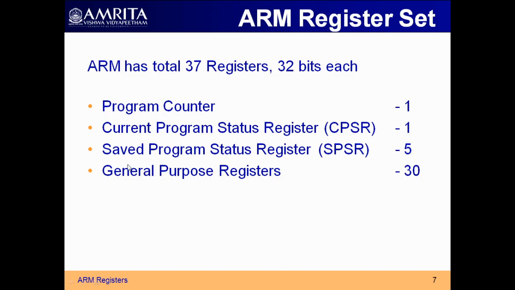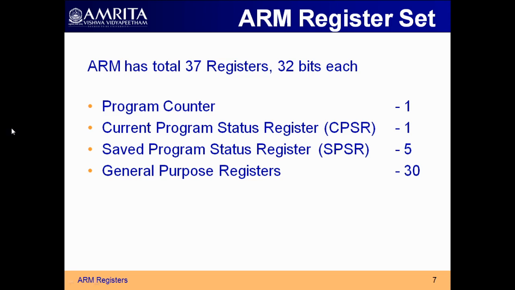In general, when you combine all these things, ARM has a total of 37 registers of 32 bits each. Out of these 37 registers, 20 registers are visible only in a particular mode of operation. Those 20 registers are known as banked registers. The remaining 17 registers are the general registers, R0 to R15, which is 16 registers, and one more register known as CPSR.